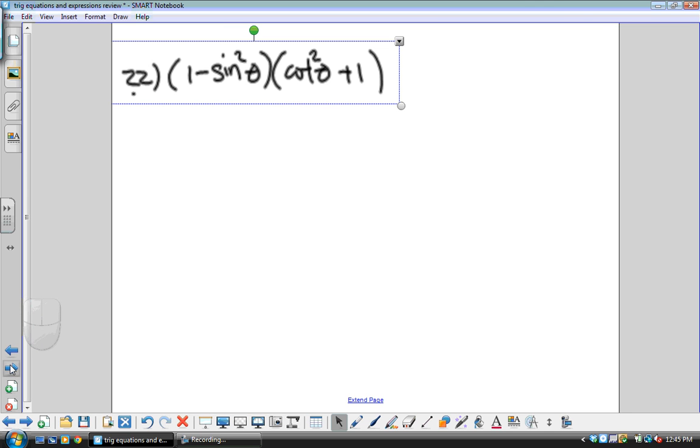Okay, on 22, now we're moving over to where we're seeing some squares. So what we're really going to use here are our Pythagorean identities. Let's look at the Pythagorean identities real quick. Sine squared x plus cosine squared x equals 1. Now if we divide through by sine squared, we get 1 plus cotangent squared x equals cosecant squared x.